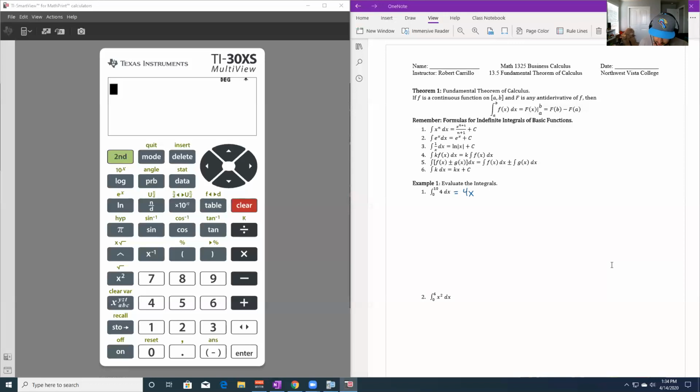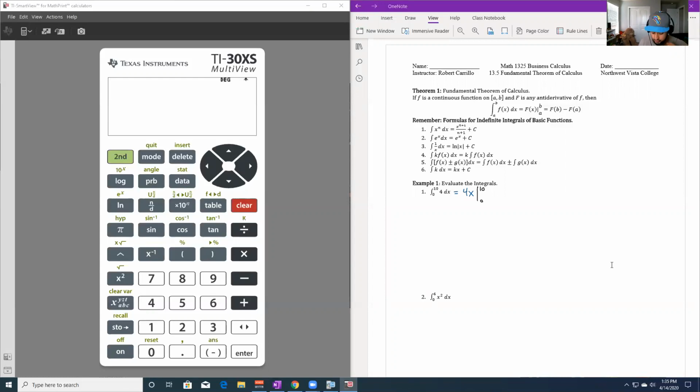Now, normally we would say plus c. But if you see the formula above, there are no constants of integration. There is no c. So when we are using the evaluation theorem for the fundamental theorem of calculus, we only want the antiderivative, so 4x. What we're going to do next is evaluate it on that interval from 0 to 10.